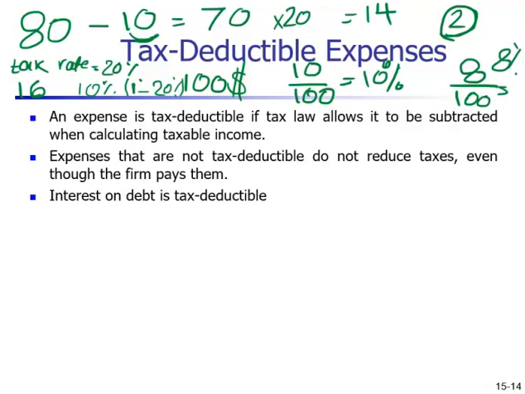We said that before deductible expenses, we have 80. 20% of 80 is 16. And after applying the deductible expenses, we have 70. And the tax on 70 is 14. So how much is the shield value? 2. In this way, we are doing it in a more practical way.